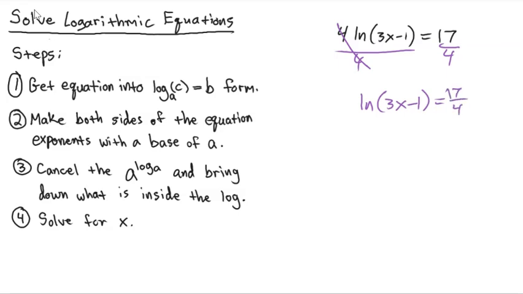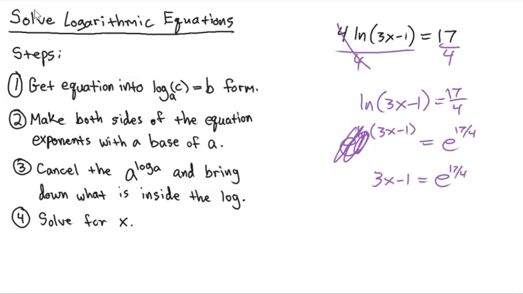Now, we're going to make each one of these an exponent on the base of this logarithm, which is e. So we're going to do e to the power of the natural log of 3x minus 1 equals e to the power of 17 over 4. We're going to cancel the e in the natural log and bring down the 3x minus 1, and that's equal to e to the power of 17 over 4.